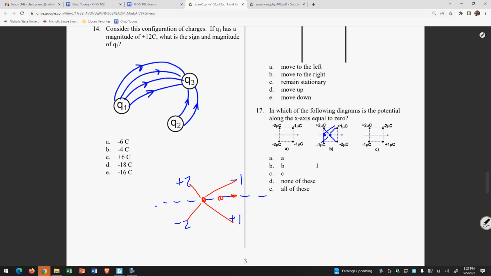By the way, that's also true along this line, isn't it? Oh wait, no, it's not. Here, if I'm here, these distances are different. So along this line there is an equal potential line where V is equal to 0, but along the x-axis, V is not equal to 0. In fact, that's not an equal potential line.